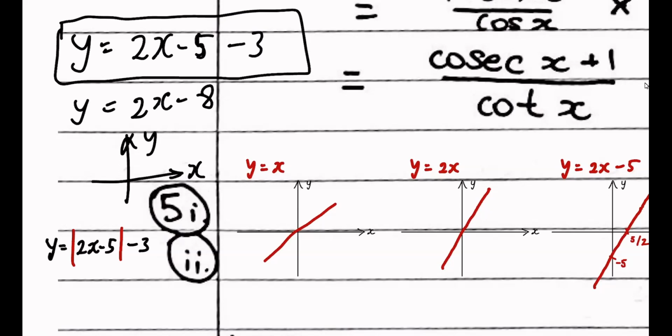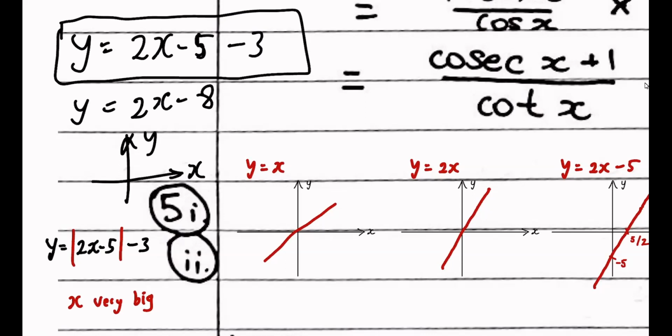If x is very, very big, positive, then it means that 2x minus 5 will be positive as well, right? Which means that if you take the modulus of this very big number, it's as if the modulus is not there, because it's already positive.